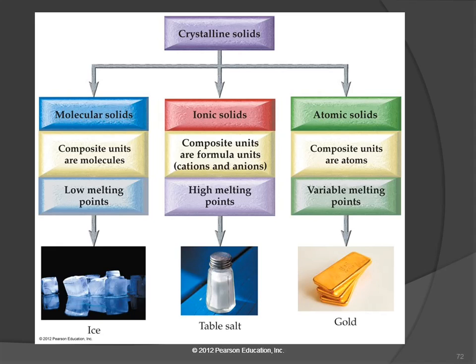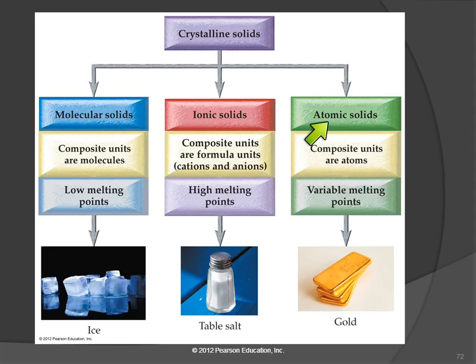And it's one array of alternating sodium ions and chloride ions, and sodium and chloride and sodium and chloride. And there are ionic bonds in all directions. It's held together by ionic bonds, which are way, way stronger than intermolecular forces. So ionic solids tend to have high melting points.